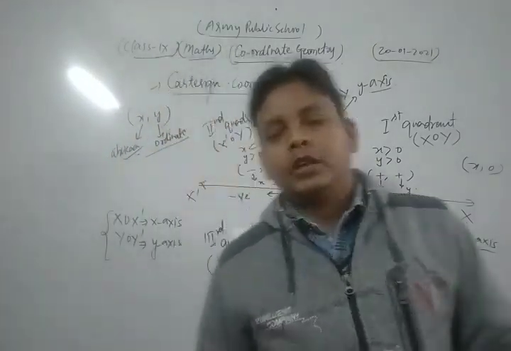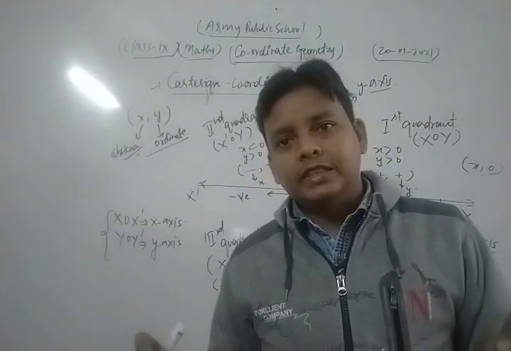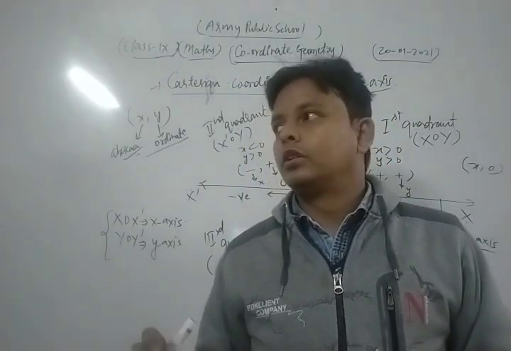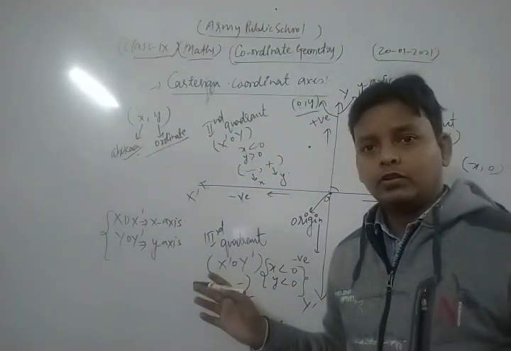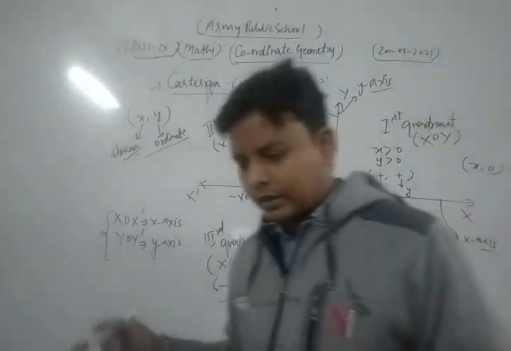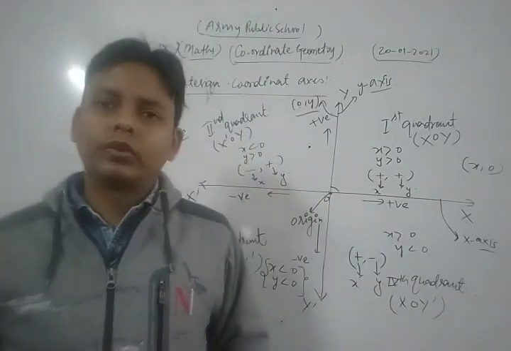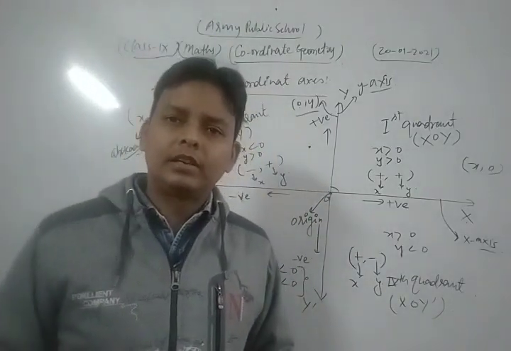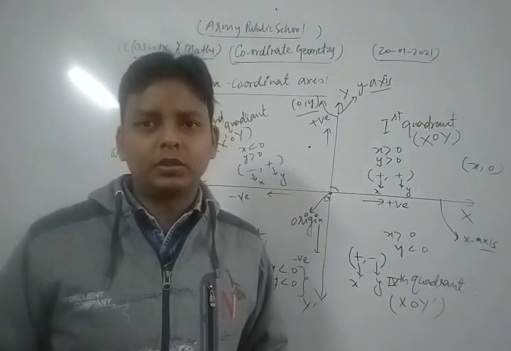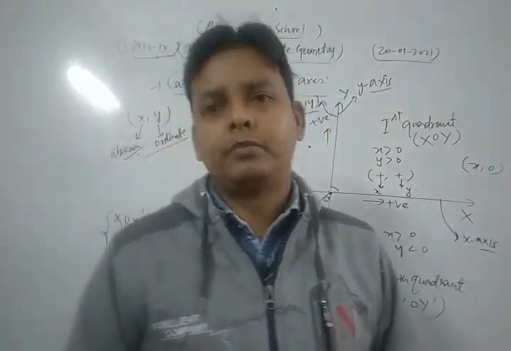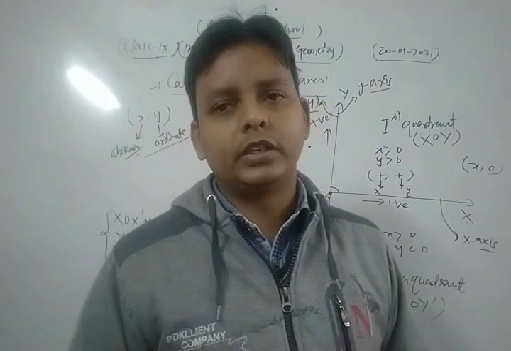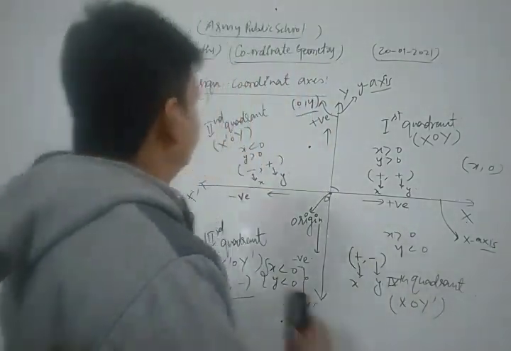After that, you can solve each and every question of your NCERT exercise on this topic. There are so many types of questions in this chapter, so we will clear all the important questions one by one. Now let's take the first type of questions based on the Cartesian coordinate system.